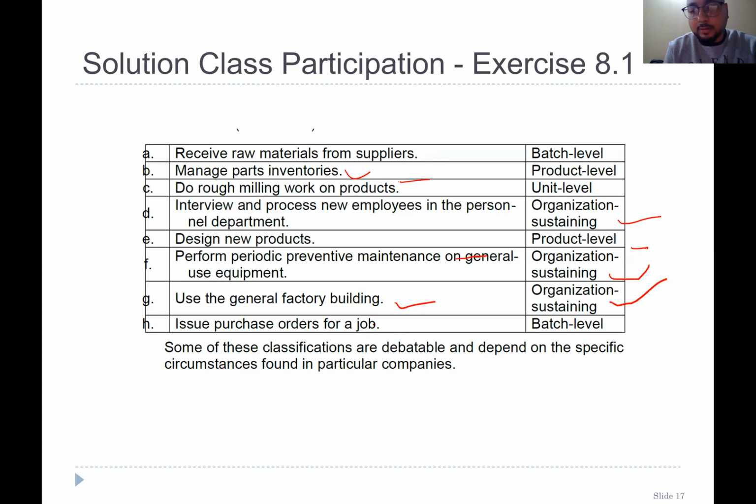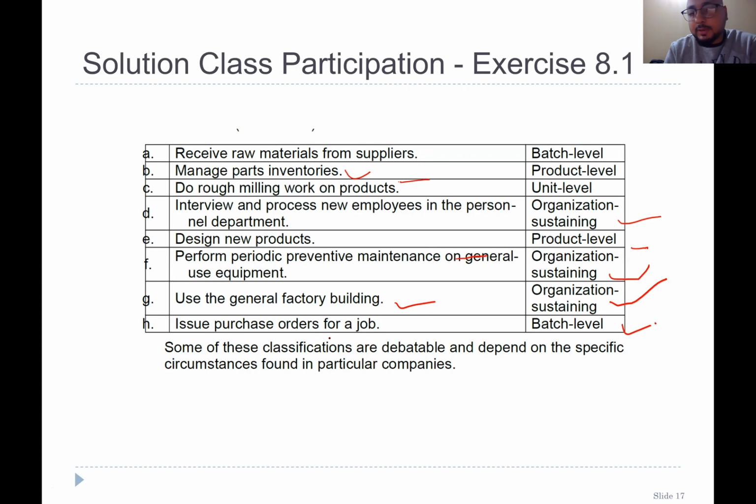Issue purchase order for a job, again batch level, because we don't know the specifics of the job, whether the job contains different types of material, different variety of products, we don't know, right? Whether this is a single product or different products. It's a batch level, so it's also debatable, right?